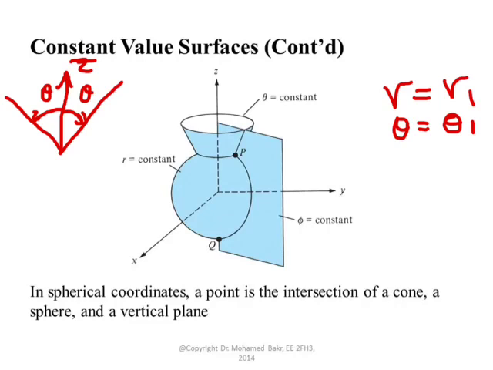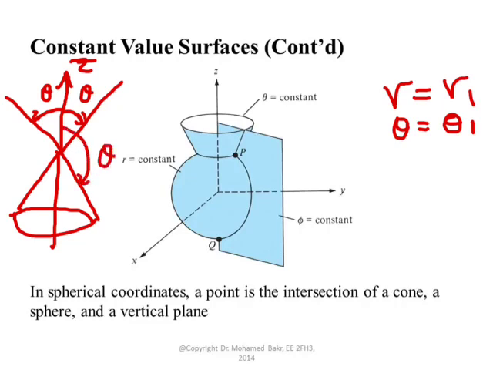And when theta goes beyond 90 degrees, the cone will look something like this. Every point on this cone again makes an angle theta. So theta is greater than 90 degrees, and this angle here is really pi minus theta.